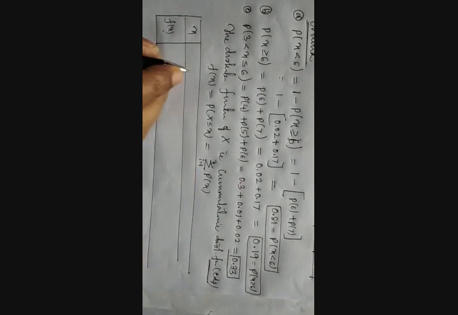Let us take what it is. We'll prepare that table also. We take x and F of x, because F of x will be the summation of p of x. So we don't take p of x here, we take F of x because it is cumulative distribution.